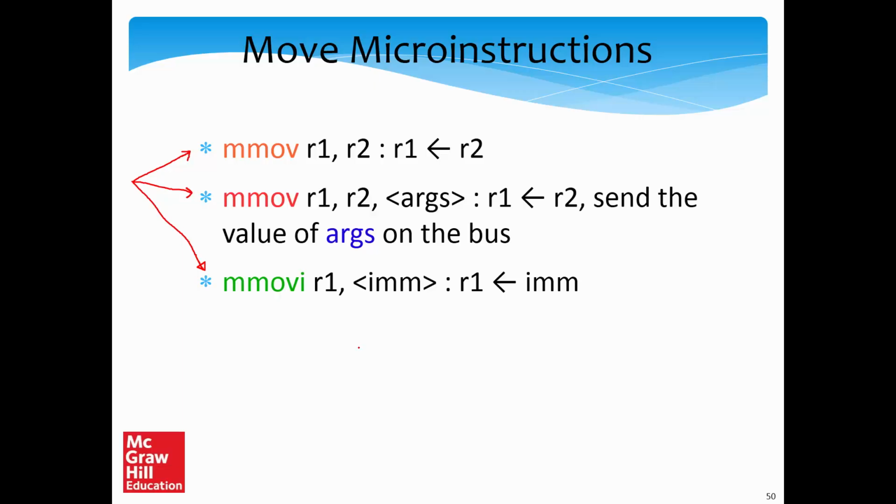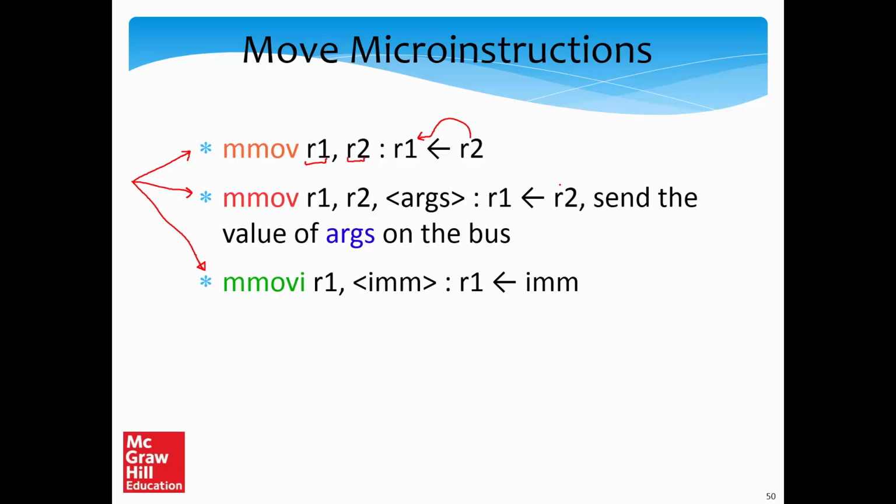Now let's look at two more very basic instructions. M move and M move are slightly different. In M move, given two registers R1 and R2, it simply takes the contents of R2 and puts it in R1. We have another variant of M move where it additionally takes a few bits called the arguments.